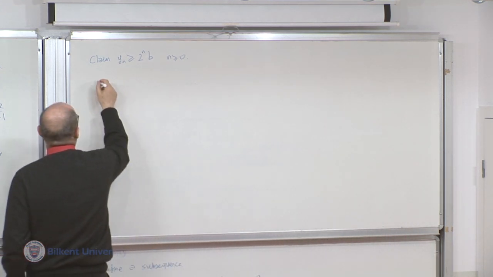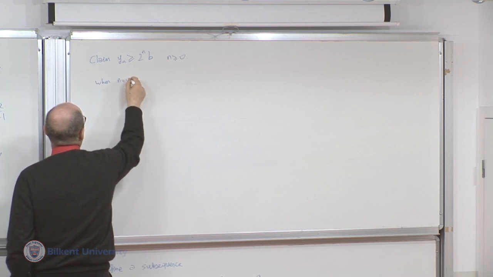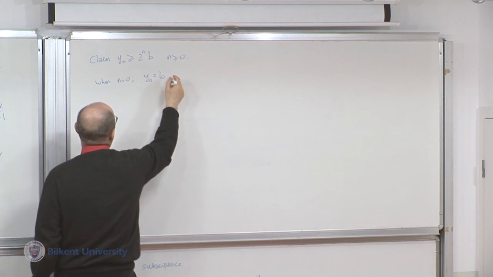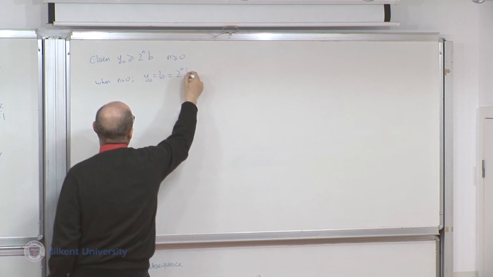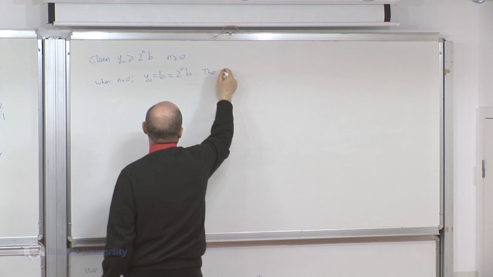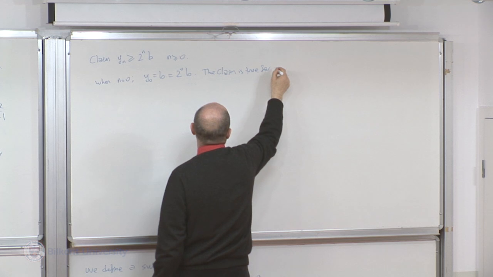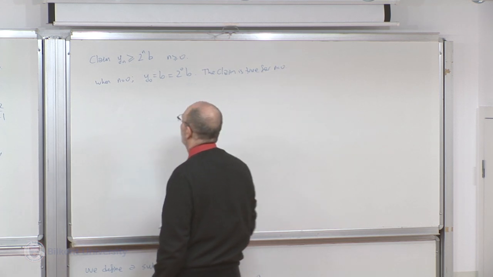When n equals 0, y_0 is equal to b, which is equal to 2 to the 0 times b. So the claim is true for n equals 0.